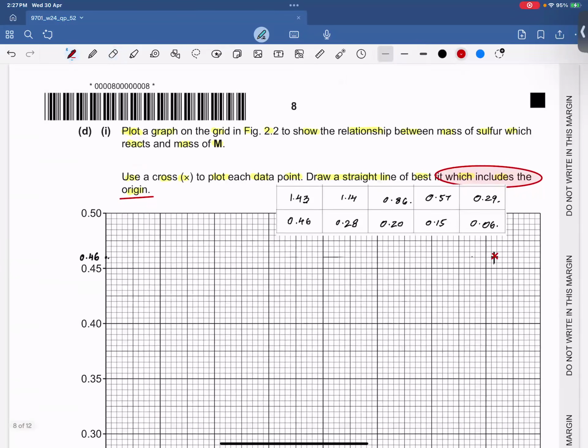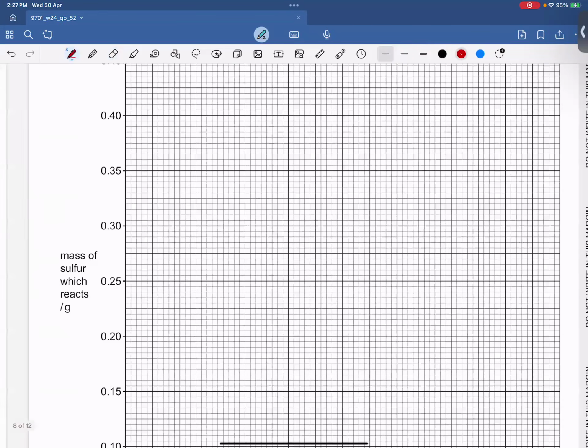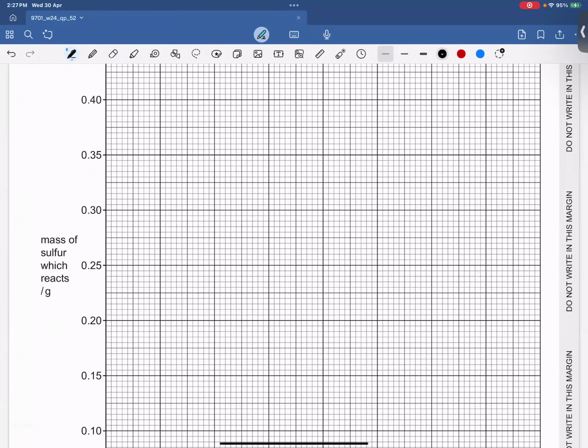So I'm done with this point. Next is 0.28. So 0.28 is going to be like this. 26, 27, 28. This is 0.28.